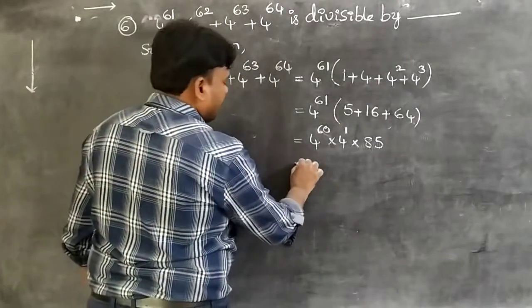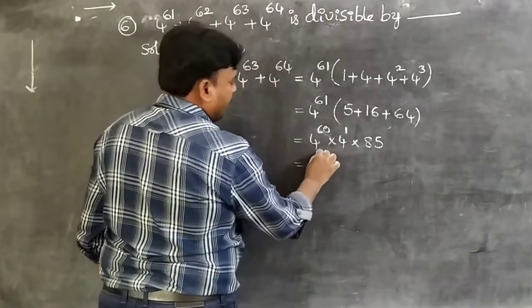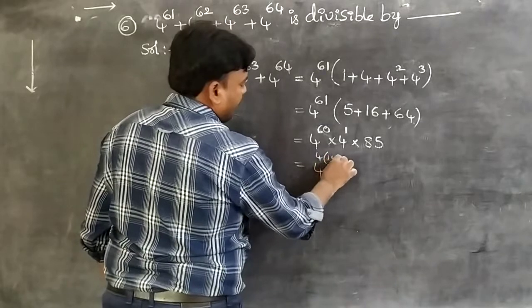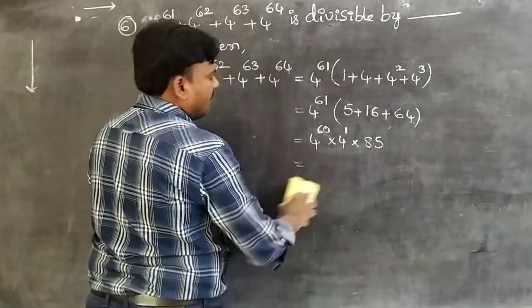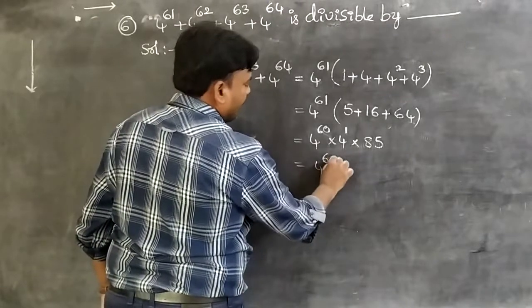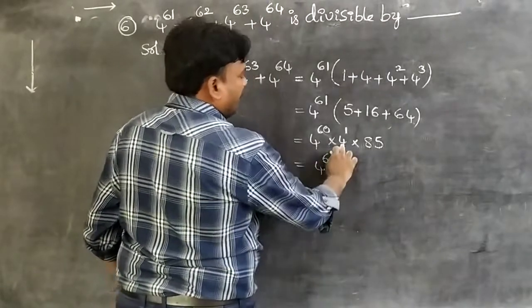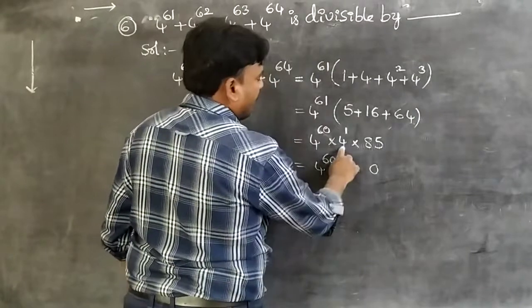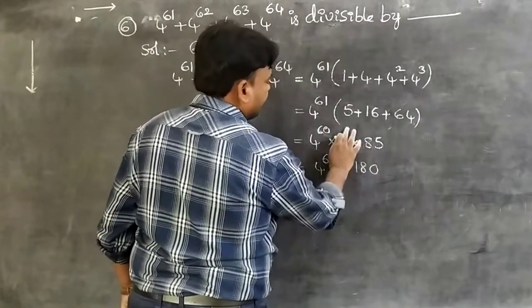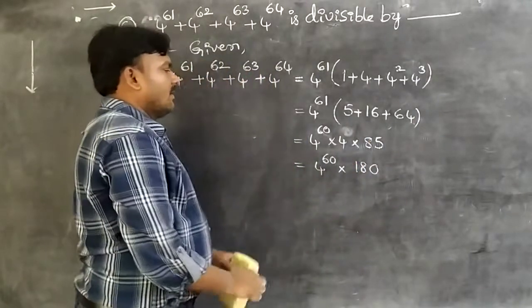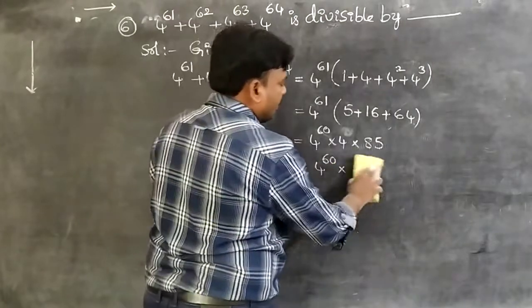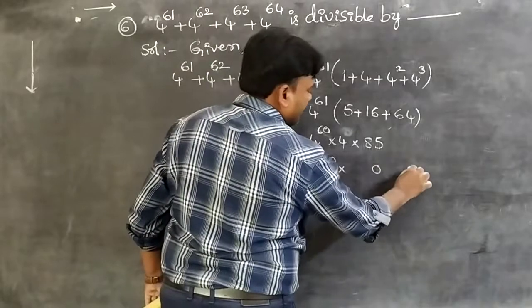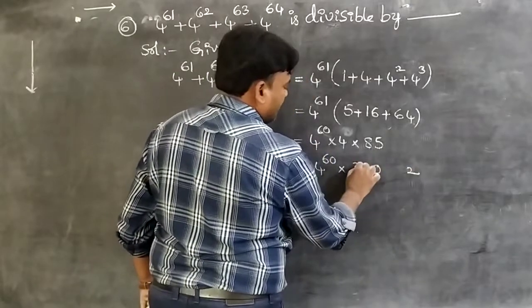So then 4 power 60 means 4 product. 4 1s are 4, 4 5s are 20. We are taking 4 power 60 same as it is, into 4 5s are 20, 4 8s are 32, plus 2, 340.